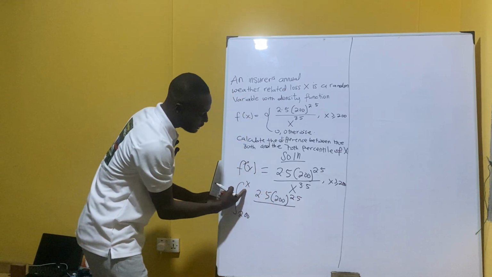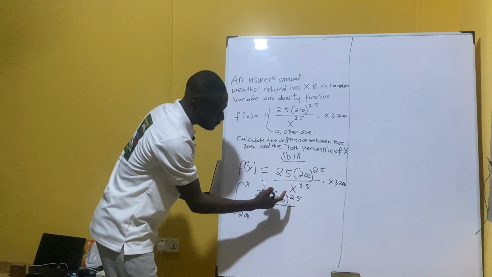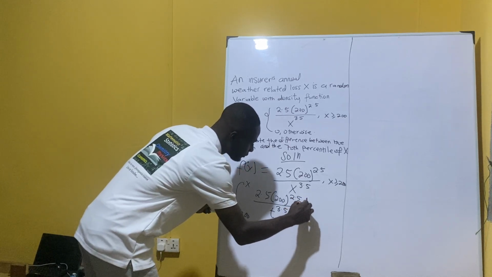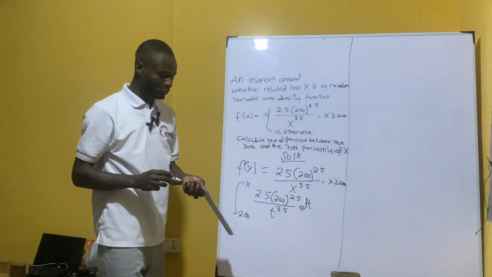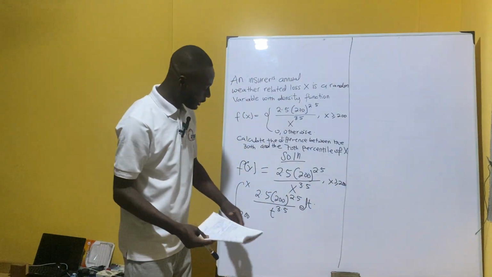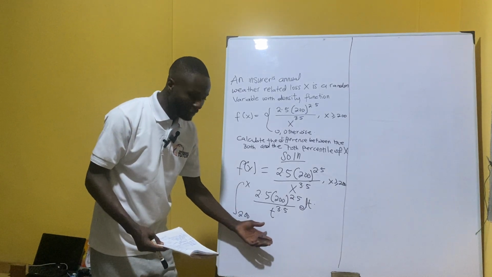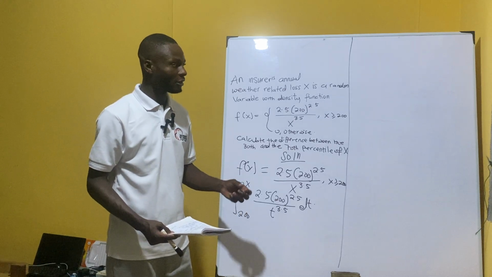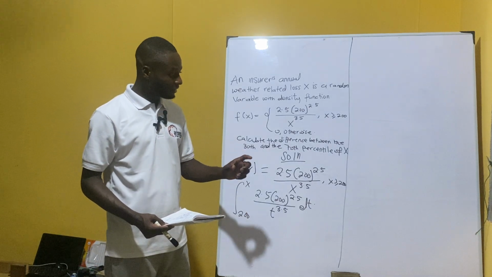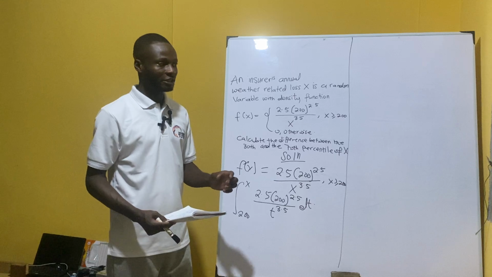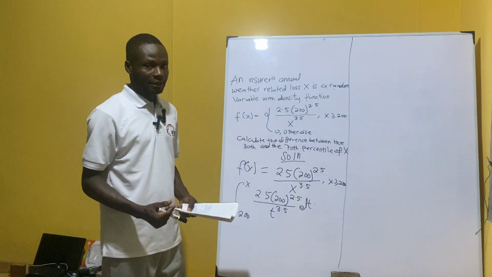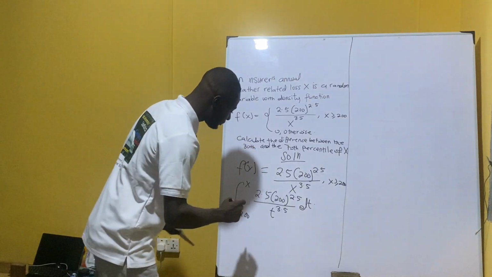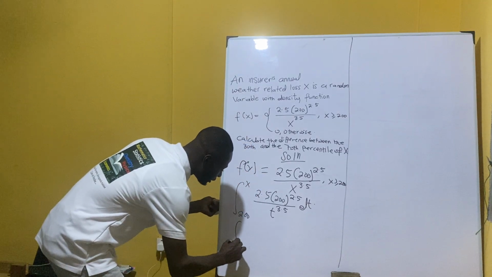But since we are using x here, let's change this variable to t, with respect to t. So here we are about to integrate this particular function. After integrating this, we take the 30th percentile and then the 70th percentile, then find the difference, to know the percentile of this particular density function.